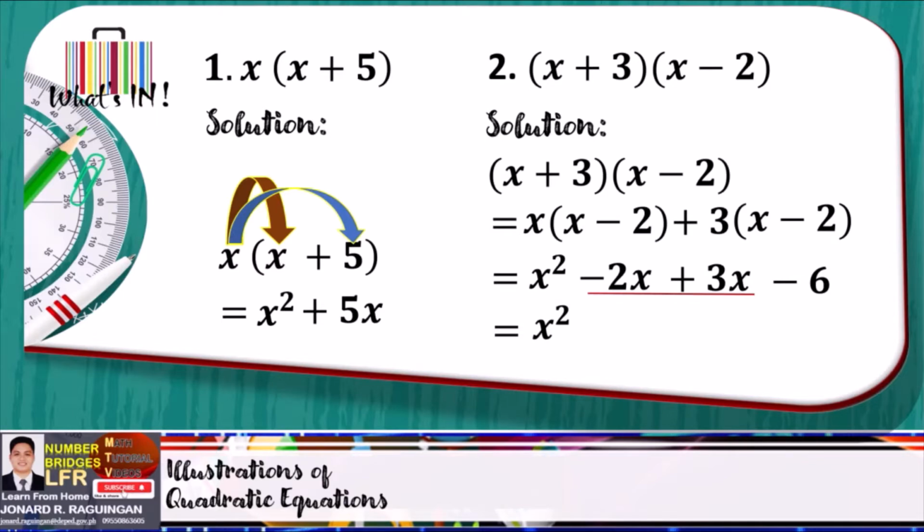Copy x squared. Negative 2x plus 3x is x. Then copy negative 6. Therefore, the product of the quantity x plus 3 times the quantity x minus 2 is x squared plus x minus 6.